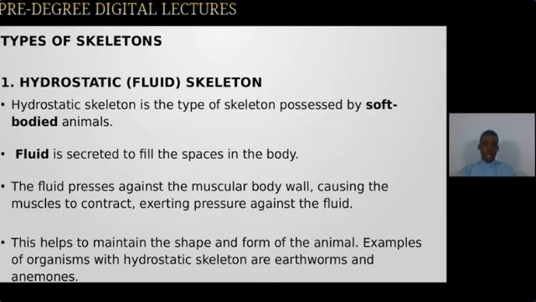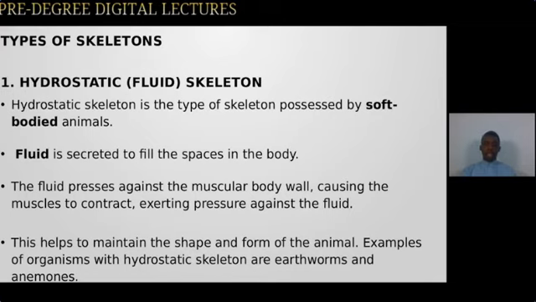Hydrostatic skeletons are found among soft-bodied animals, and they are made up of fluid that fills the spaces of the animals. This fluid is incompressible, so it presses against the muscular wall, causing muscles to contract and exerting pressure just like bones do.